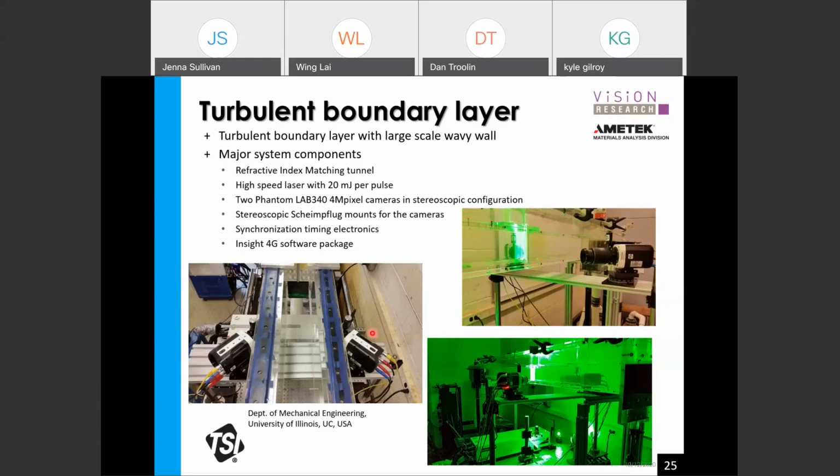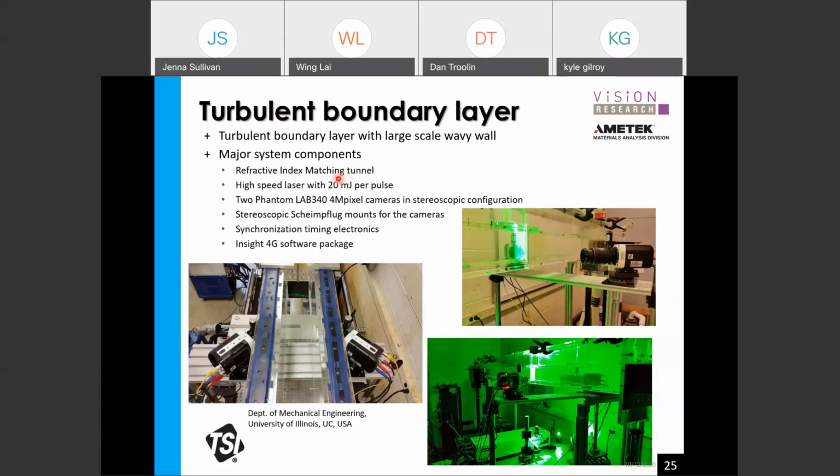Okay, so this particular study is a turbulent boundary layer, meaning that at the bottom of this water tunnel is a wavy surface. But it's difficult to see. The reason is that this is a so-called refractive index matching tunnel.